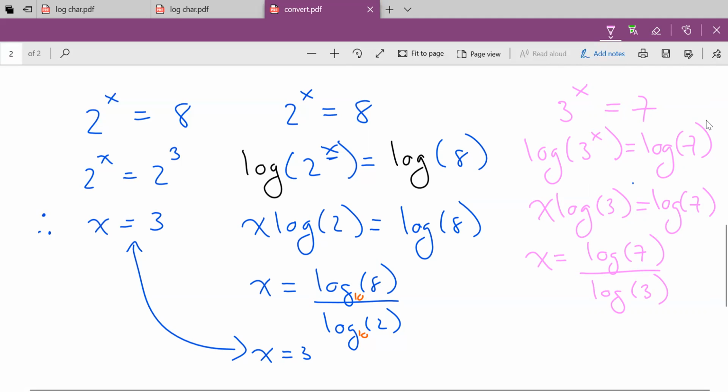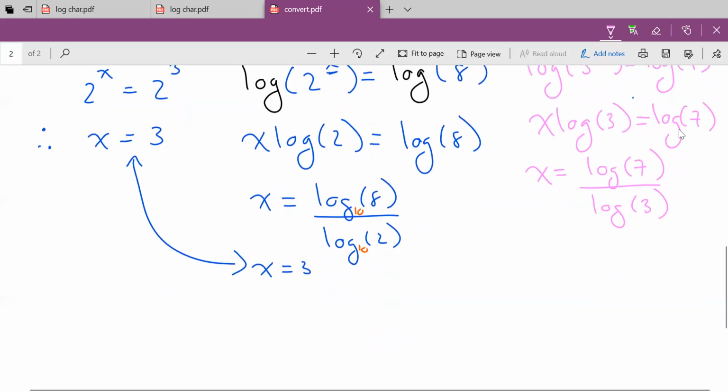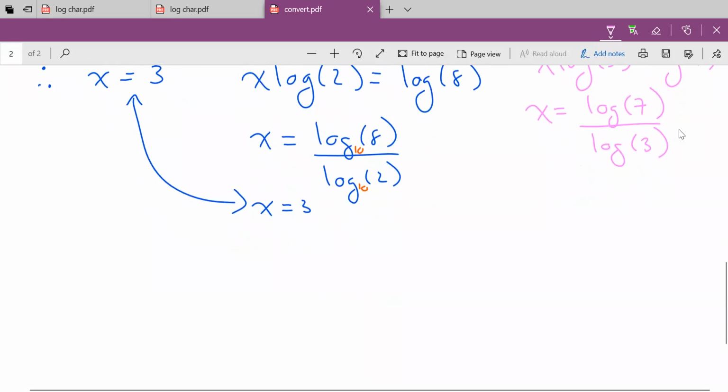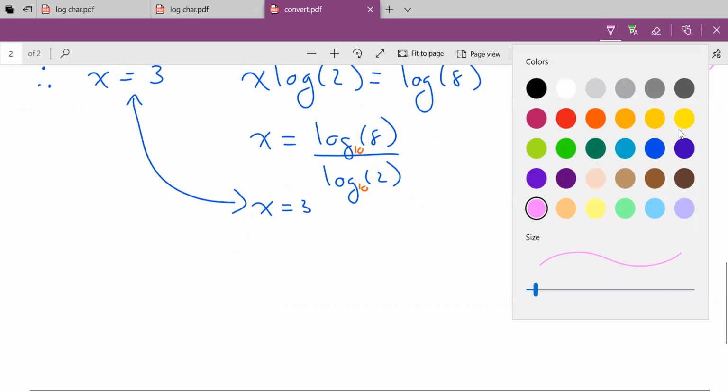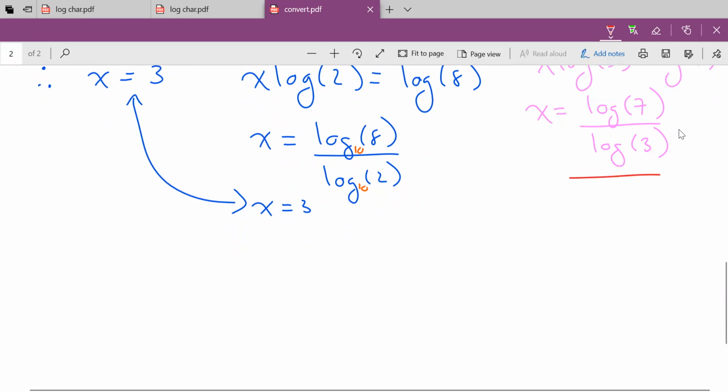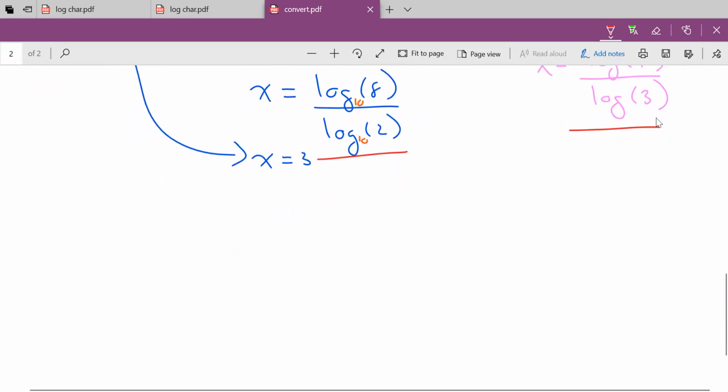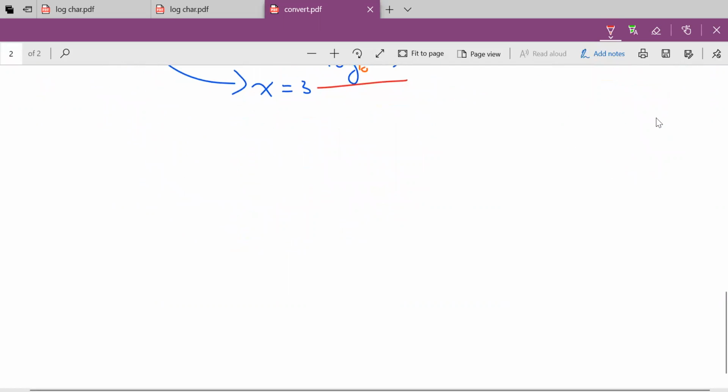Now, there is a way to simplify how I've written both of these, and it's called change of base. Change of base works like this, and it's on my formula sheet, so you can go look at it.